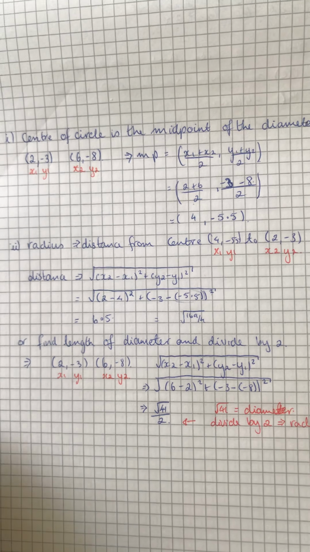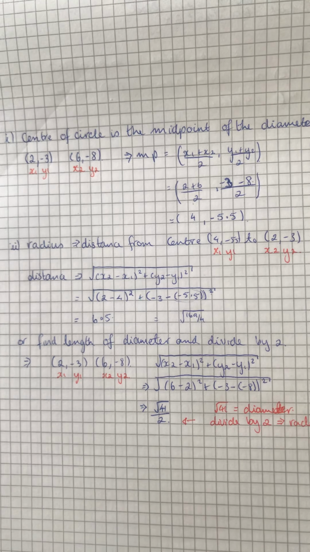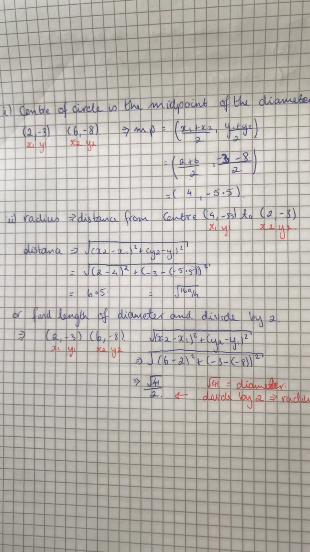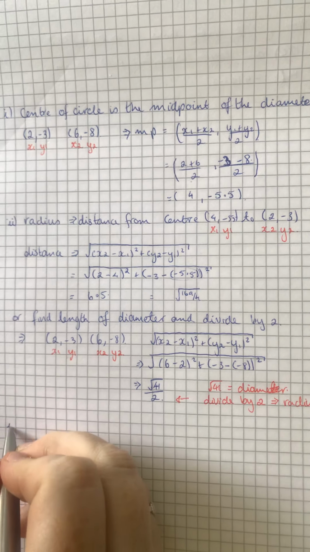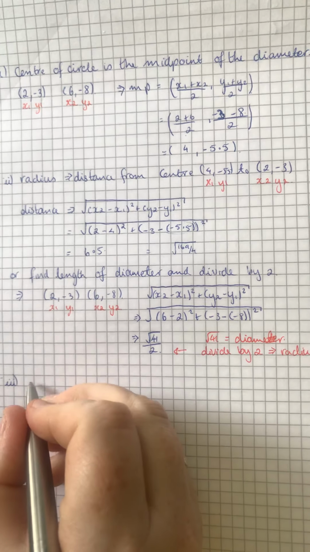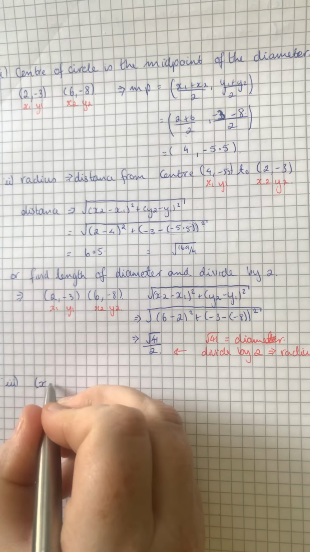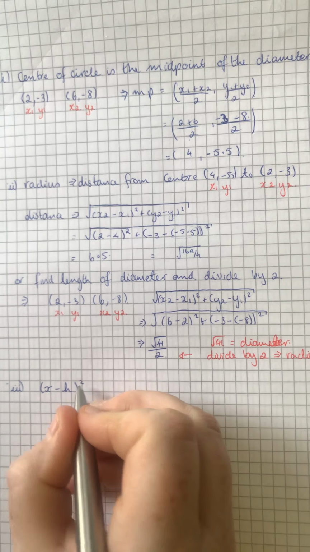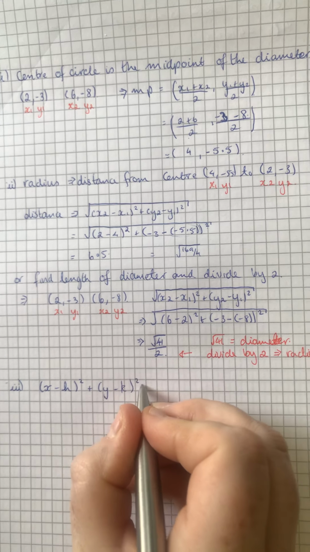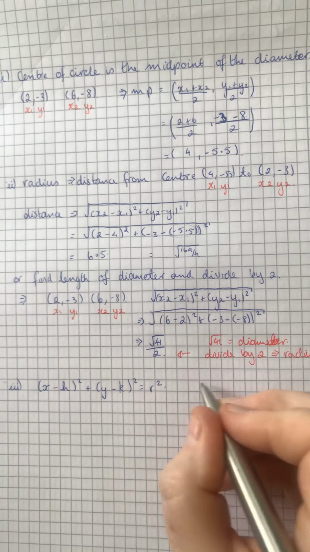Then, part 3 of the question asks me to get the equation of the circle. I know that the equation of the circle is (x minus h) squared plus (y minus k) squared is equal to r squared.